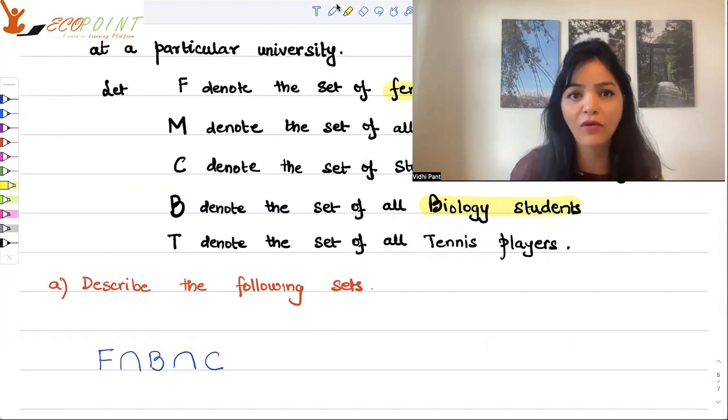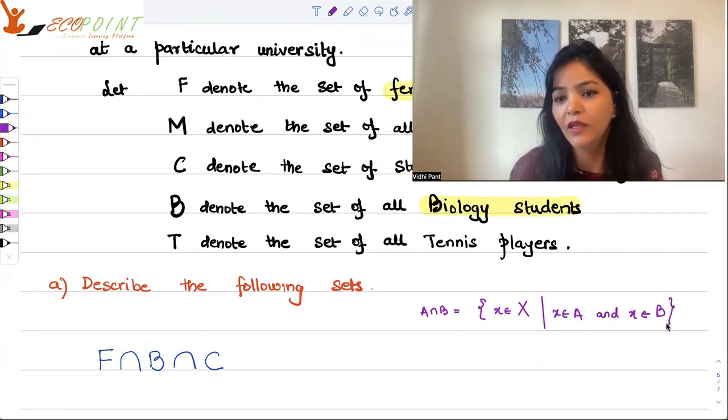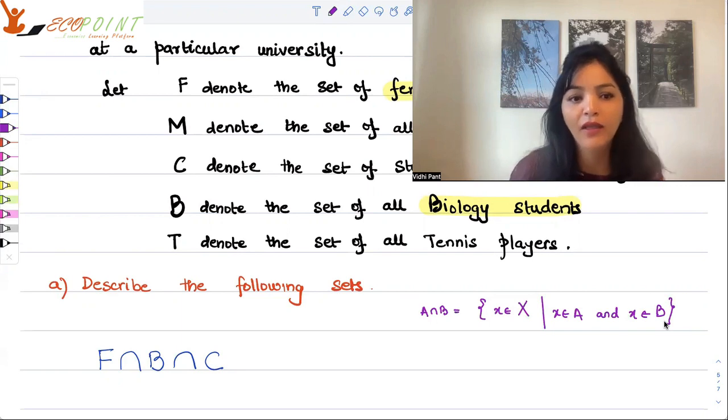Intersection stands for, let me just write it down here in the bracket: if you have A intersection B, it essentially means the set of all elements from the universal set such that the element is in A as well as in B. So when we say F intersection B intersection C, what do we mean?